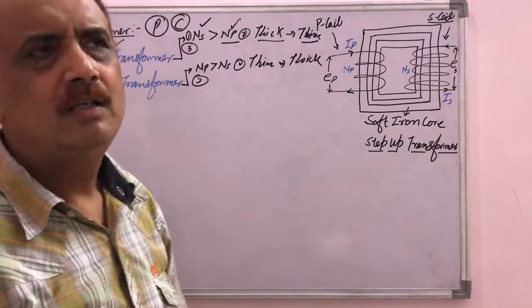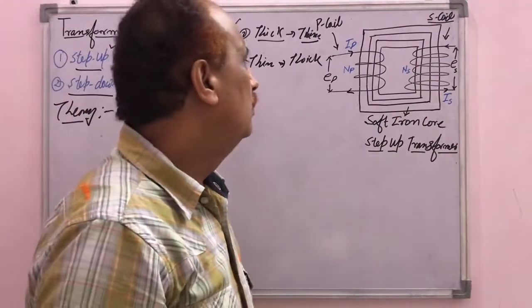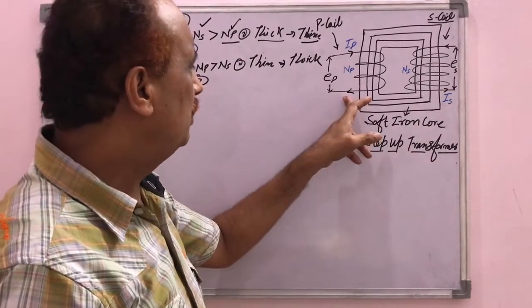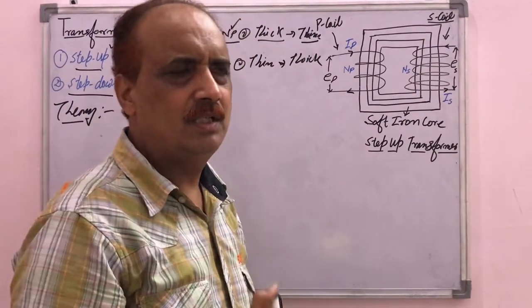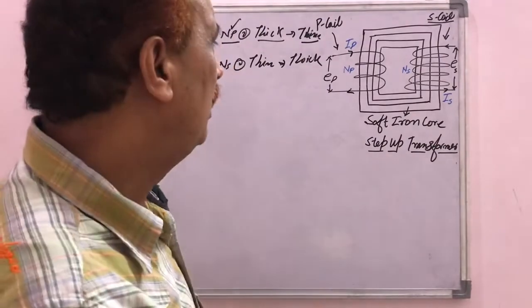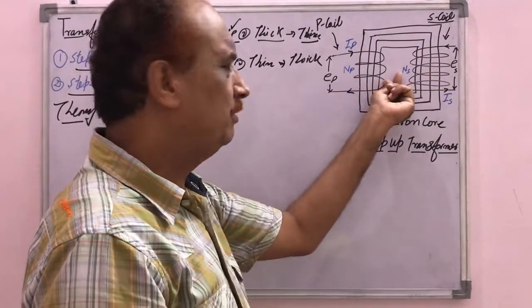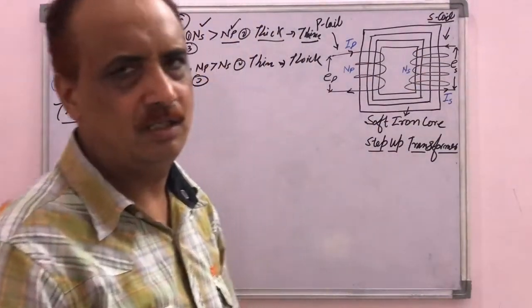When the EMF changes with respect to time, magnetic flux is linked in the primary coil, and because the secondary coil is inductively coupled with the primary coil, magnetic flux will also be linked in the secondary coil.